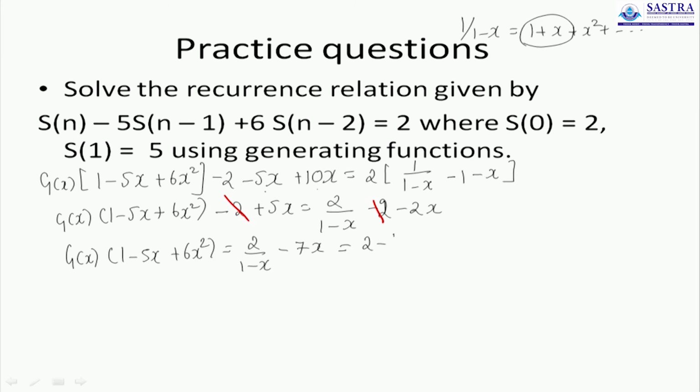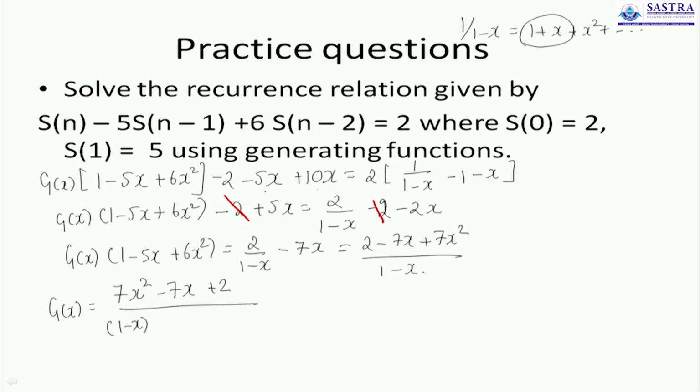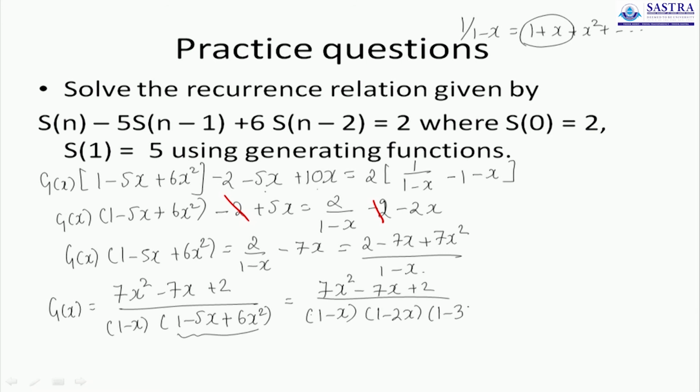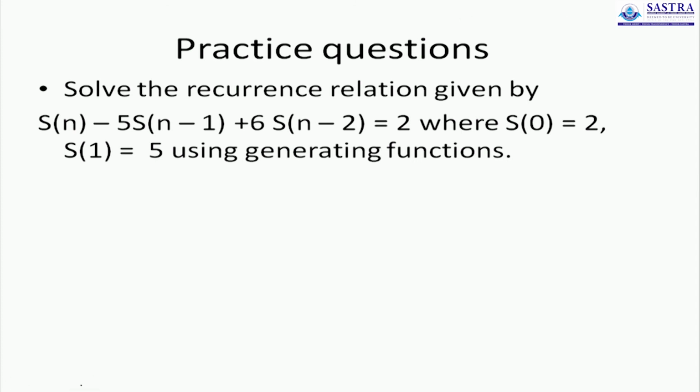Simplifying, we have 2 minus 7x plus 7x squared upon 1 minus x. So g of x happens to be 7x squared minus 7x plus 2 upon 1 minus x times 1 minus 5x plus 6x squared, which means you have 3 linear factors at the denominator, which are 1 minus x, and these 2 can be simplified as 1 minus 2x and 1 minus 3x. So to identify the generating function, we will have to resolve this rational function into partial fractions, and that is what we will do.